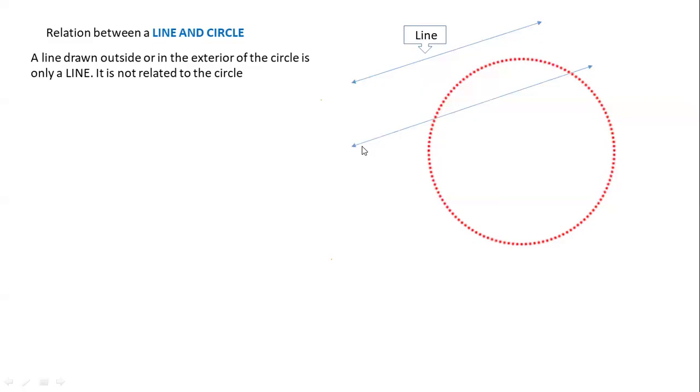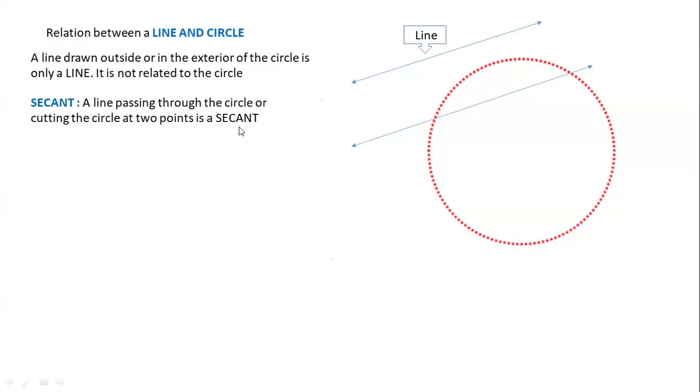Now you see this line. It's cutting through the circle. So what is it called? Secant. A line passing through the circle, cutting the circle at 2 points, is called a secant of the circle.